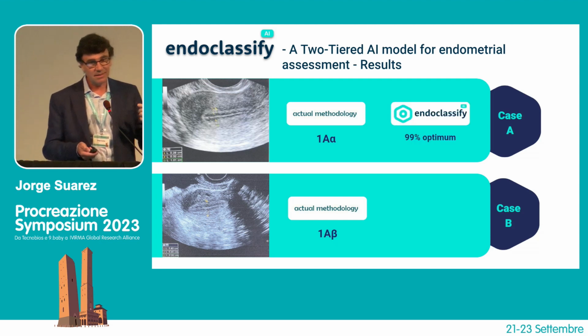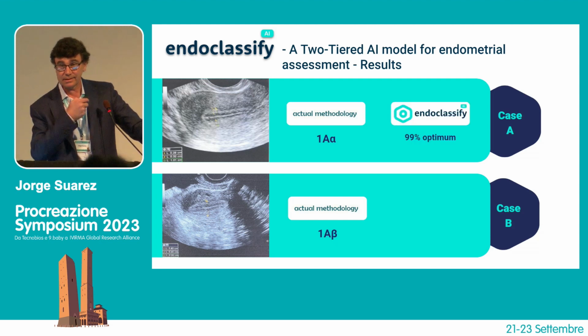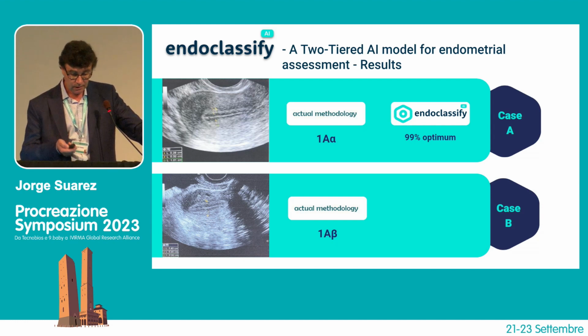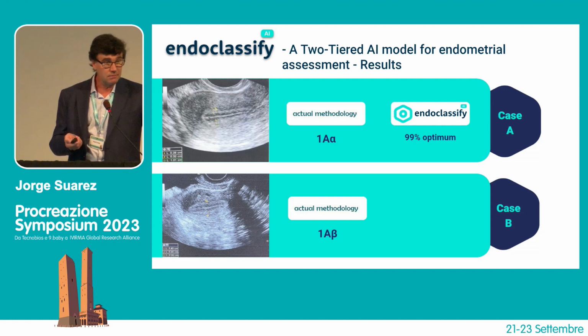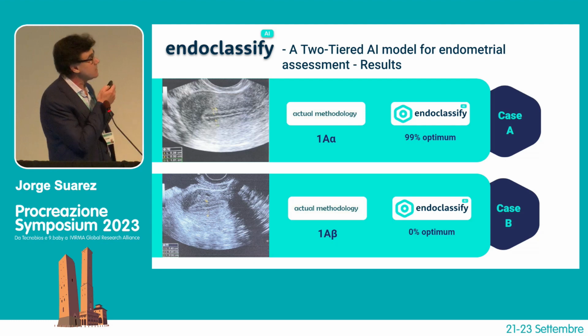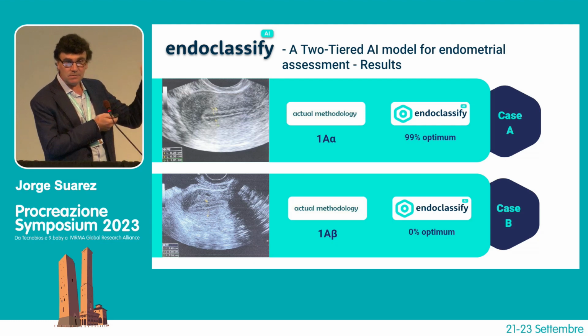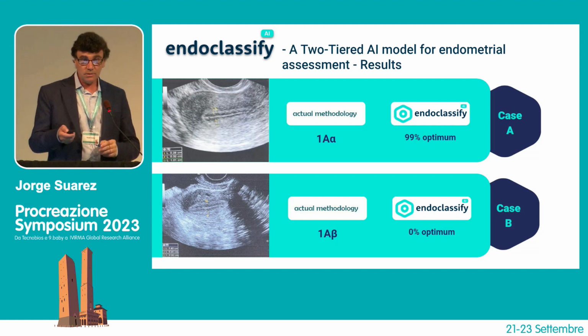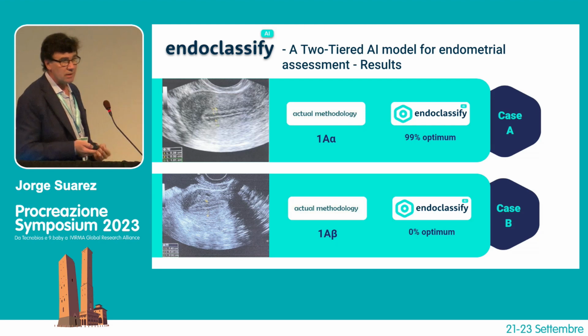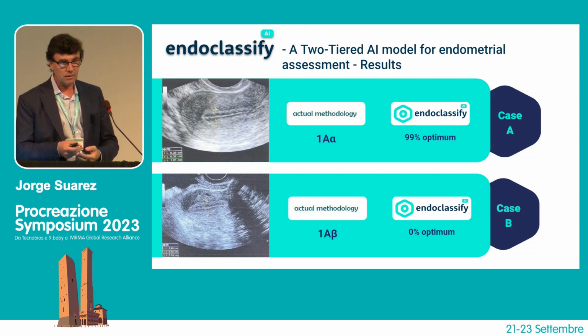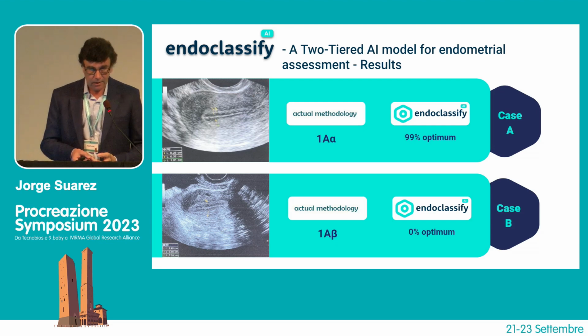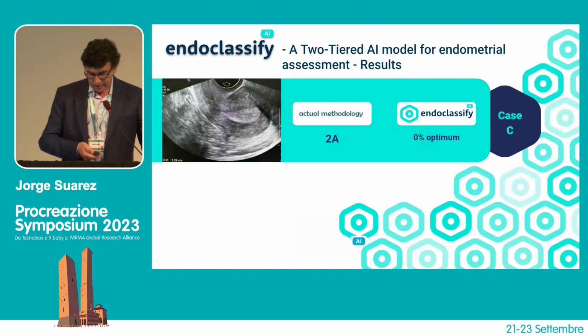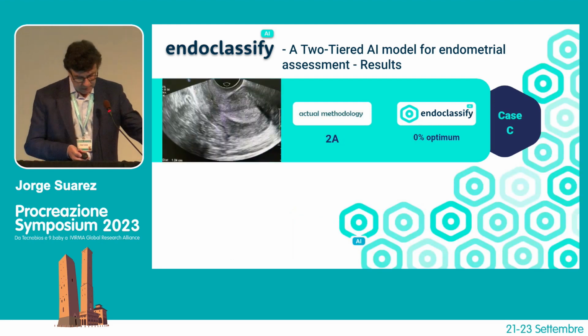If you evaluate these images with our endo-classify artificial intelligence model, you can see the difference: 99% optimum and 0% optimum. It's easy to use, and you avoid having to measure the endometrial features.